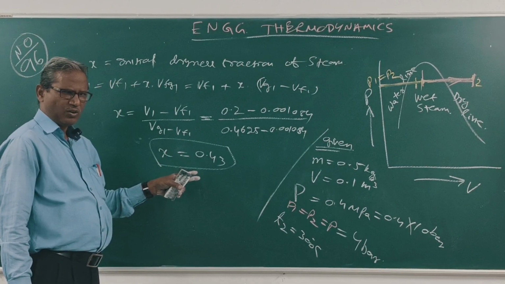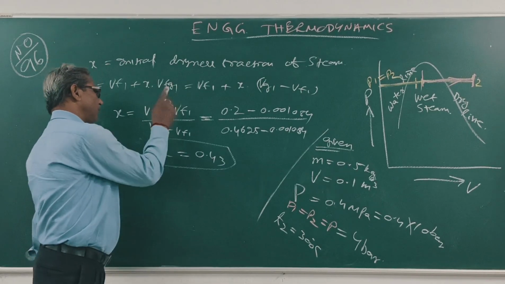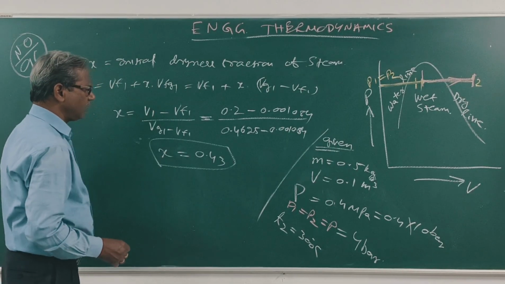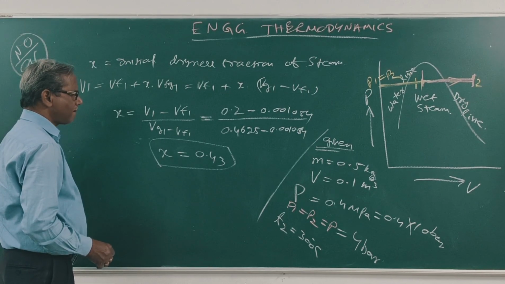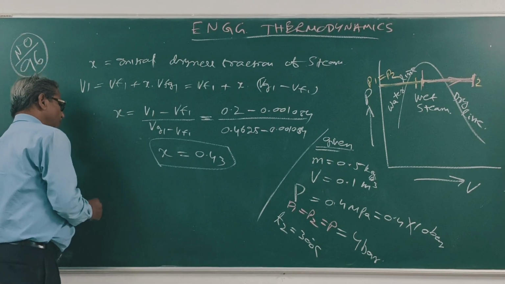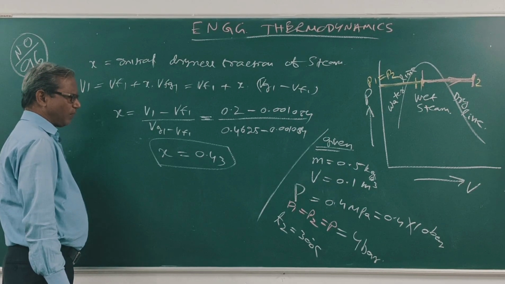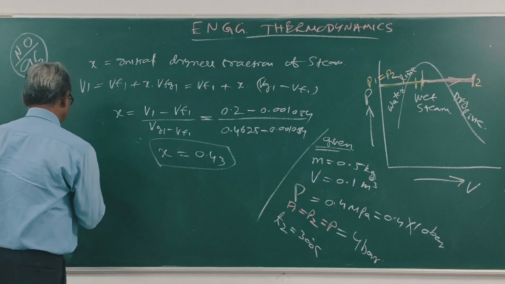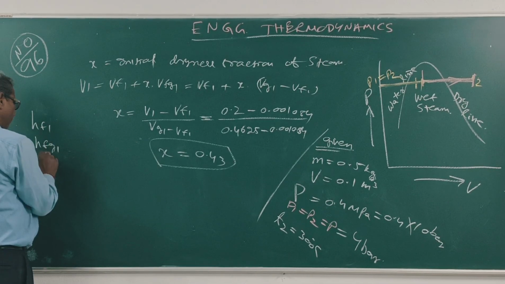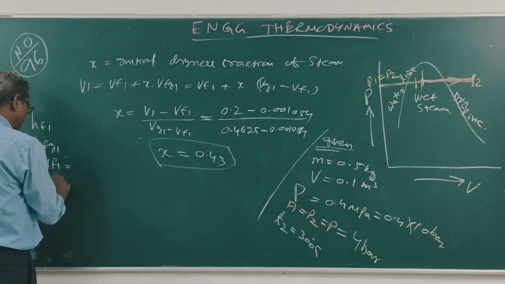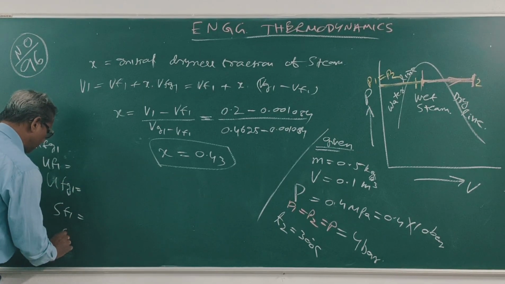Now find all the values. This is v1, 0.2 meter cube per kg. Now, from the steam table at 4 bar, find hf1, hfg1, uf1, ufg1, sf1, sfg1.